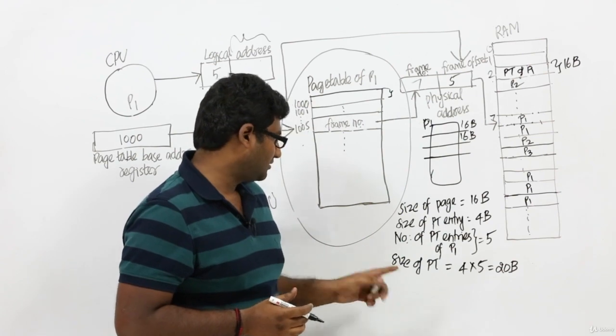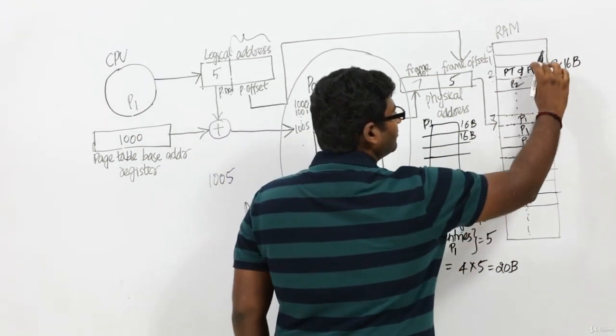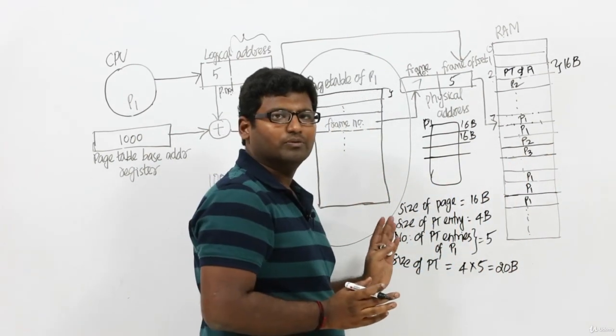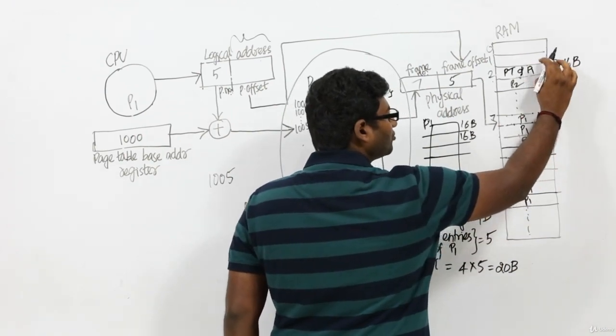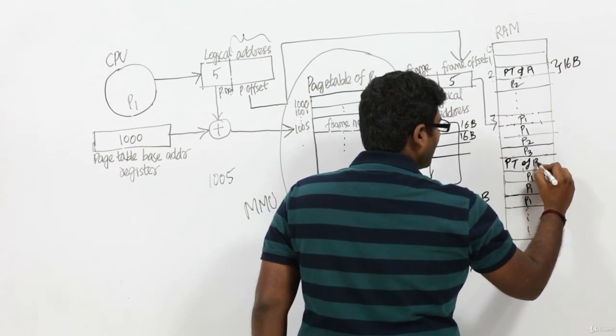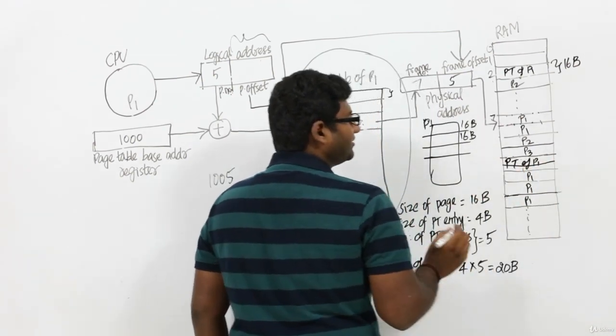Since the page table size is 20 bytes, let us assume this frame and this frame are what our CPU has chosen to place process P1's page table. So 16 bytes of the page table of process P1 is placed here, and 4 bytes of the page table of P1 is placed here.